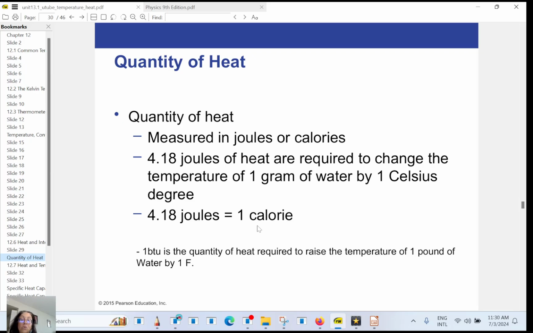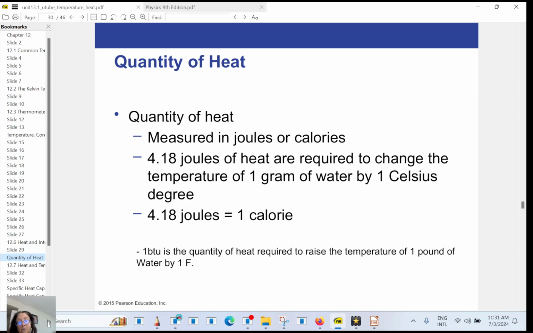So if you see a chocolate cookie, and it says 100 calories, it really means 100 kilocalories. So a cookie with 100 calories has 100,000 lowercase calories, which is 400,000 joules. So it's a lot of energy in a cookie.